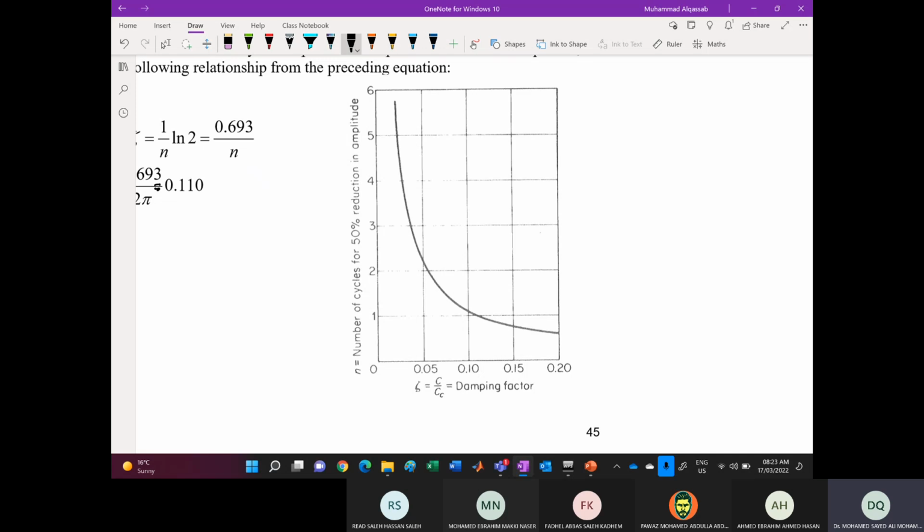And there are some numbers you can pick from the graph. It will require, let's say, 5 cycles when zeta is 0.025. I'm guessing here in the middle. And it will take, let's say, about 2 cycles if zeta is just above 0.05, maybe 0.06. Okay, so this is the graph required.